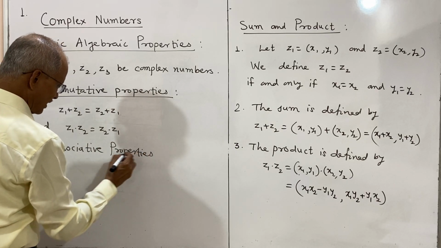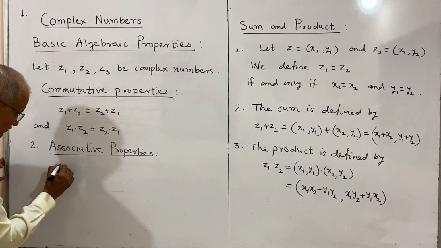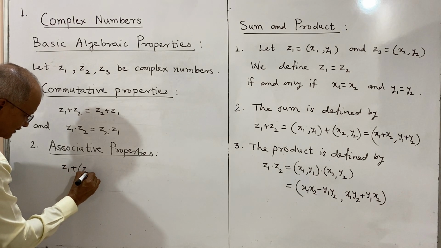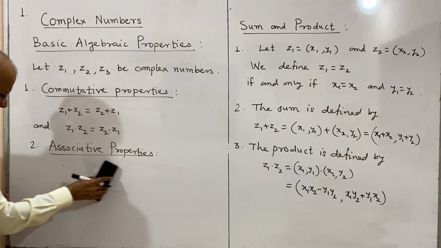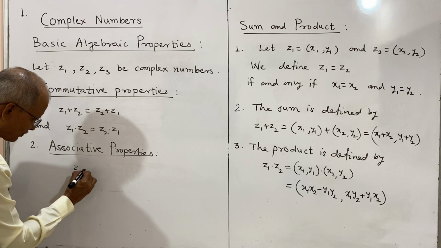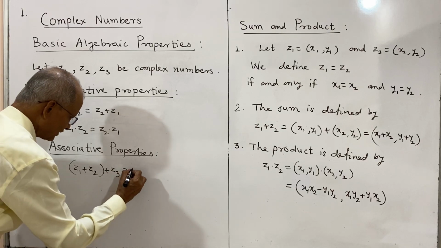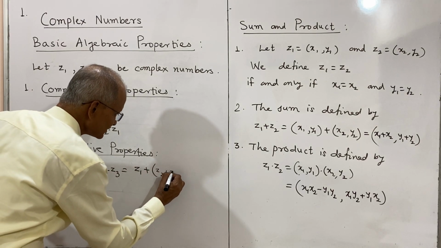Then associative properties. Both addition and multiplication are associative. So we have z1 plus z2 plus z3, or we can write as (z1 plus z2) plus z3, equal to z1 plus (z2 plus z3).